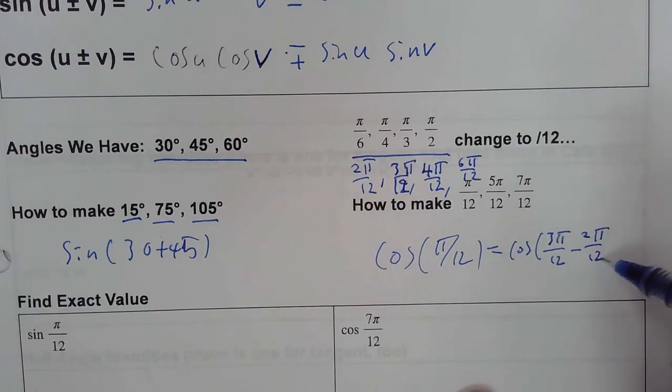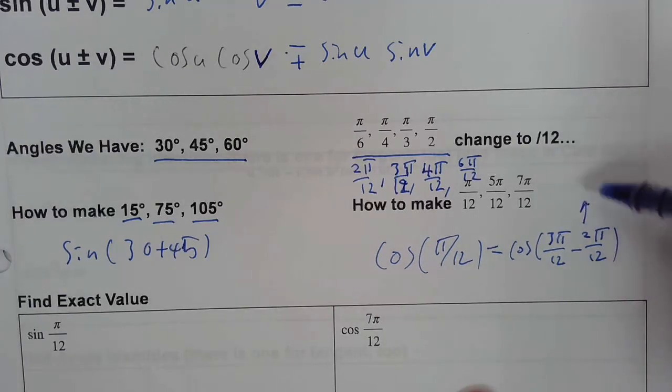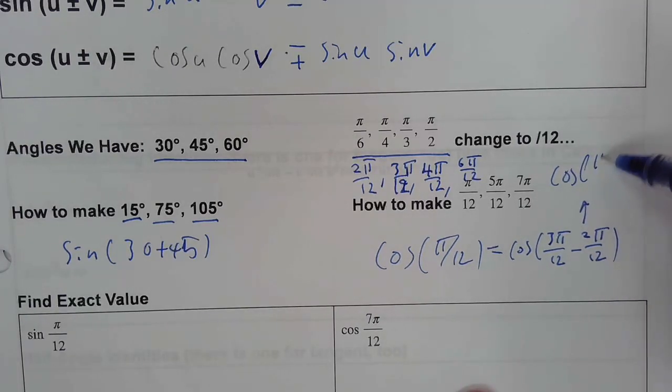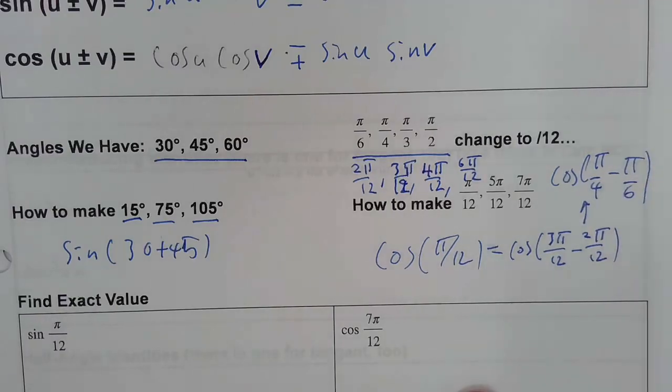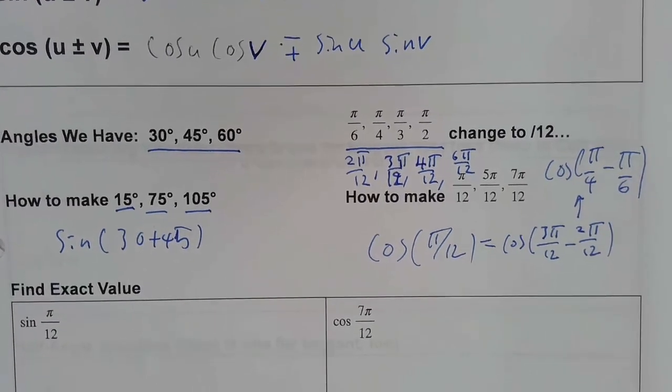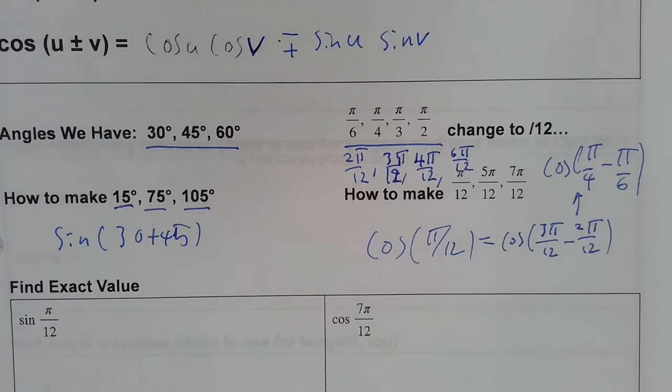I could write it like that. And really, that's the same thing as cosine pi over 4 minus pi over 6. So you are rewriting these new angles with the original unit circle angles by adding or subtracting. Does that concept make sense? We'll do an example so that you guys can see.